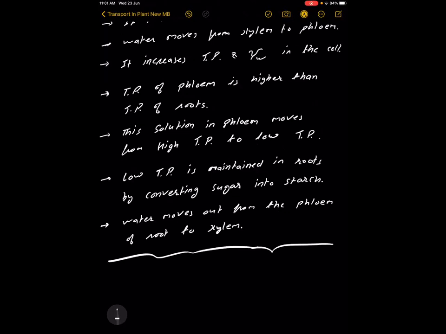Source is the leaf, and the sink point is root, or maybe fruit or tubers. The responsible vascular tissue is phloem, and it is bidirectional, upward and downward both. Next, this flow is called mass flow, and it occurs from higher turgor pressure to low turgor pressure. These are some points.